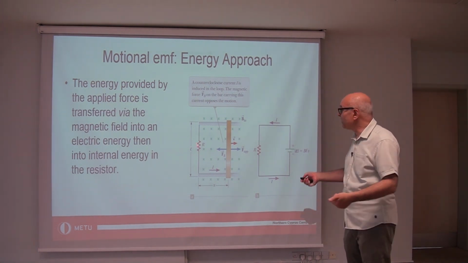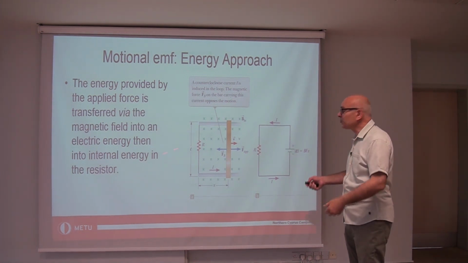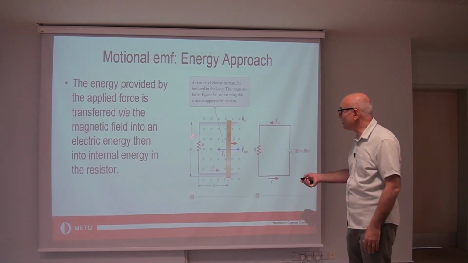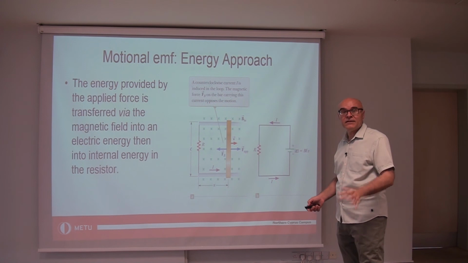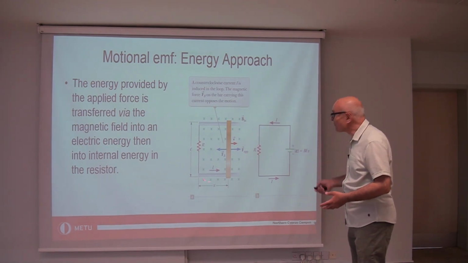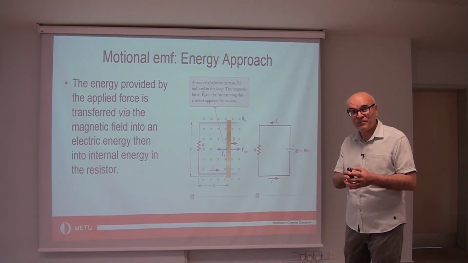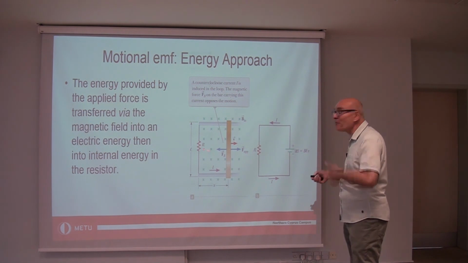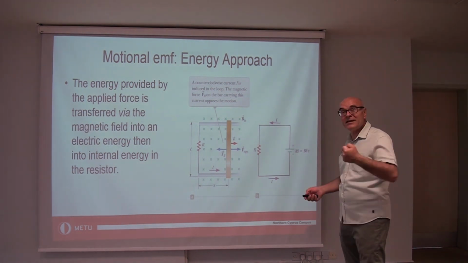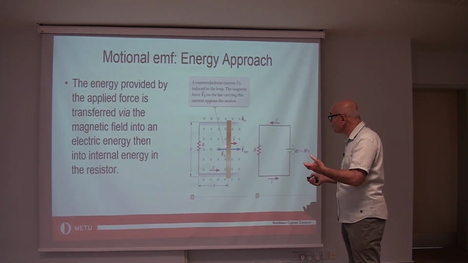If this were a resistance, it will be heat energy or internal energy. If it's a motor, it will be mechanical energy again. The presence of the magnetic field here is crucial for this energy transfer to happen. The energy is not transferred from the magnetic field; its origin is the mechanical work done by the applied force to move this bar.